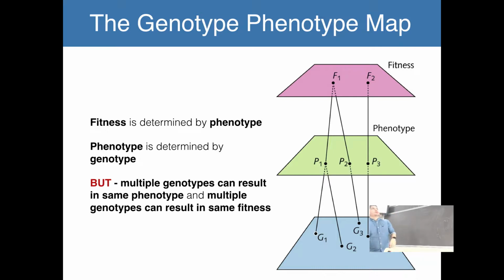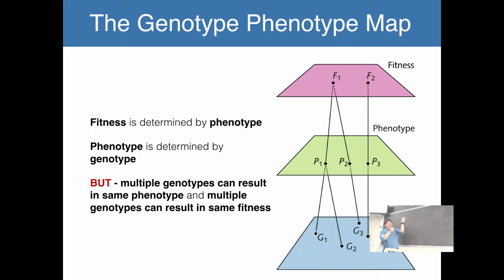And as is quite well illustrated on this diagram, I think, you should realize that different genotypes can result in the same phenotype. So G1 and G2 here both result in phenotype P1, for example. We'll come on to how that's possible in a minute. And then different phenotypes can result in the same fitness.